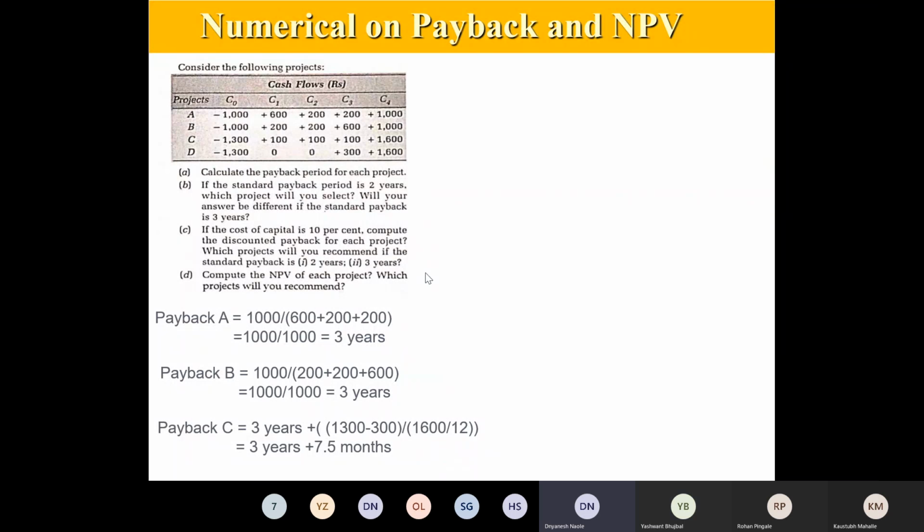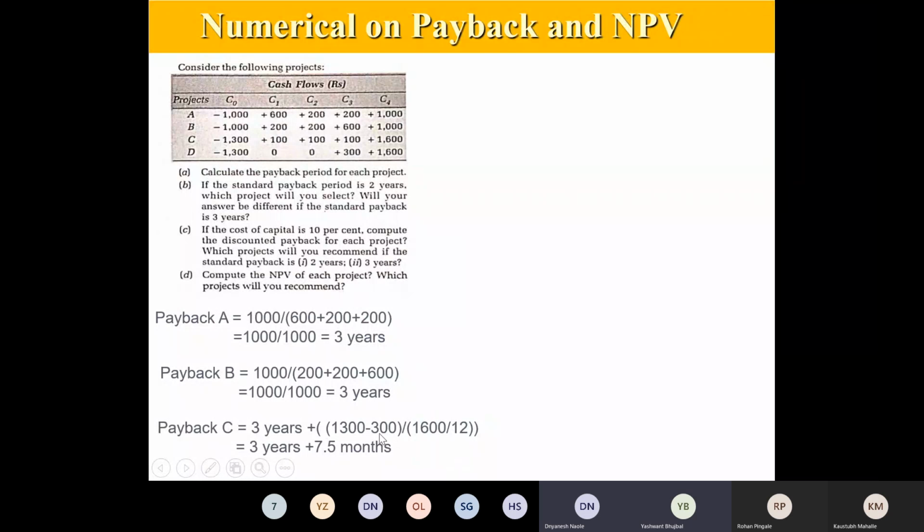3 years and 5.3 months. Yes, 3 years plus 5.3 months. Why are you saying 5.3? In the first 3 years, you cover the 300 rupees out of 1,300.